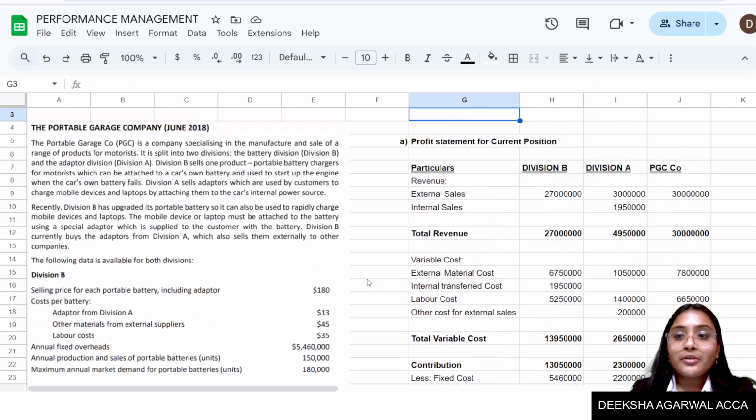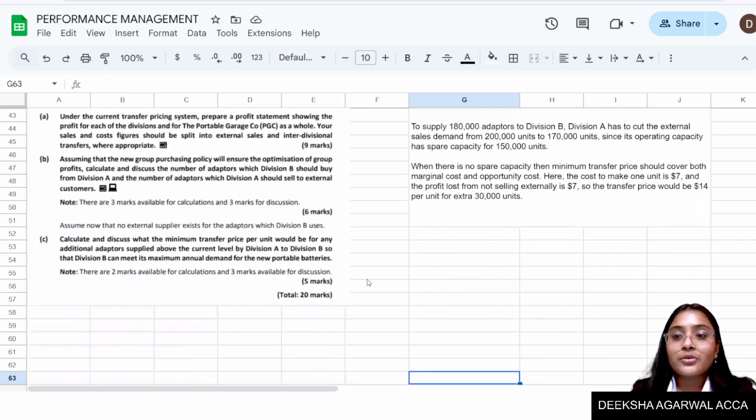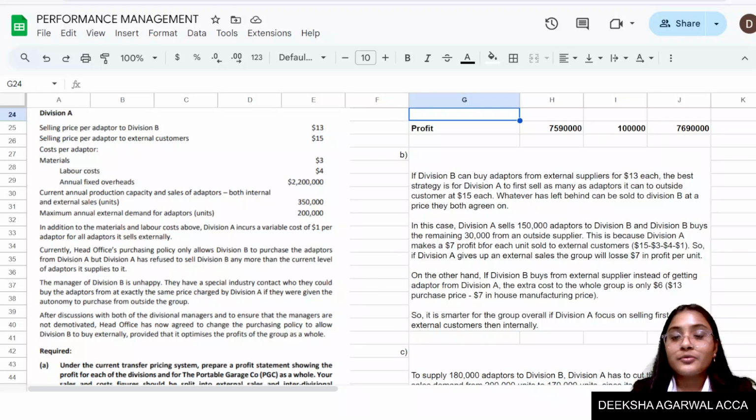You need to understand that you can expect transfer pricing questions from multiple areas, multiple times. It's not tough. Whatever they're asking in the question, if we are able to analyze it properly, then I can solve any question. Whatever question the examiner gives you, you can 100% solve it.